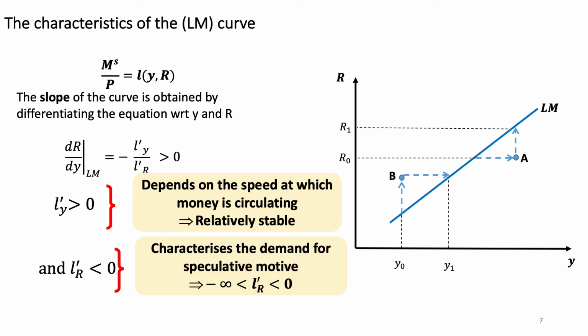Therefore, our analysis will rather focus on L prime r. Again, L prime r is the sensitivity of the money demand to the interest rate. It describes the behavior associated to the demand for speculative motives, which is decreasing with the interest rate because, as we said before, when the interest rate increases, the demand for speculative motives decreases.